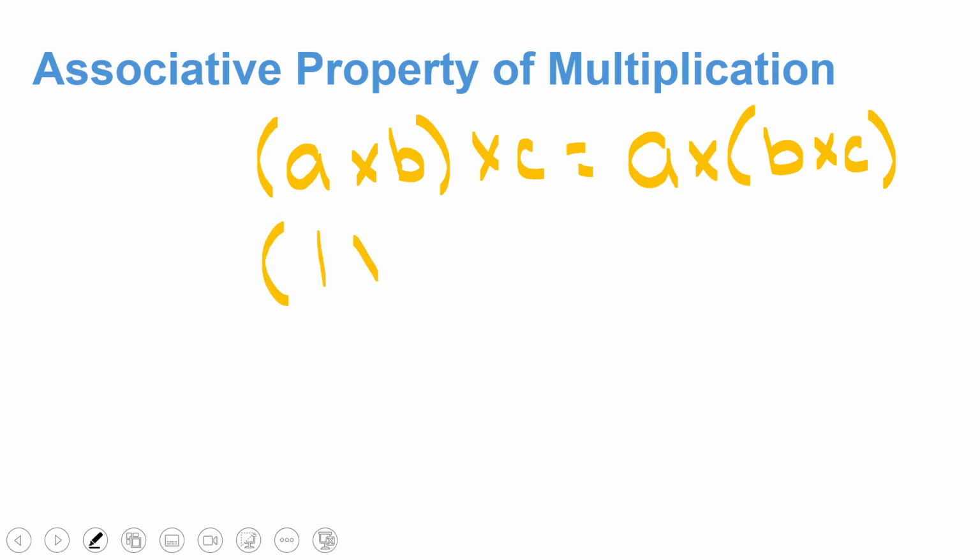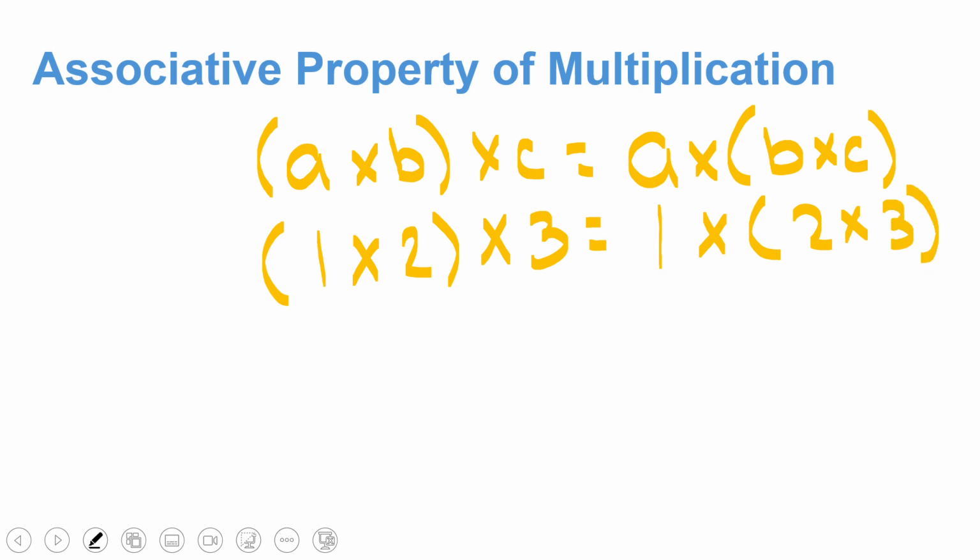Parentheses 1 times 2 in parentheses times 3 would be equal to 1 times parentheses 2 times 3. And we can see 6 would be equal to 6 here.